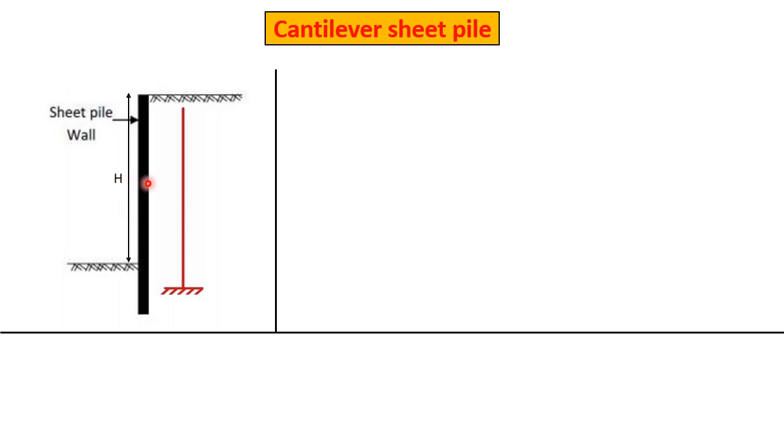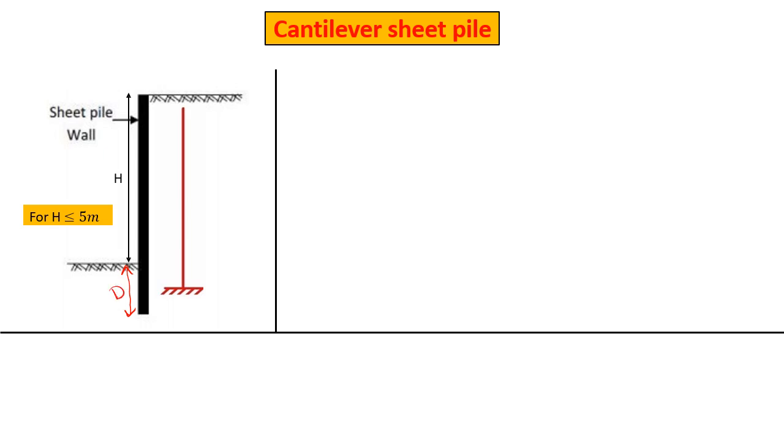So cantilever sheet pile, actually when we have our depth of excavation, typically when it's less than or equal to 5 meters, you can use this type of sheet piles, which is called cantilever retaining walls. And it's called cantilever because the statical system looks like a cantilever. It's fixed here in the ground, and you have a free length which should be equal to your h plus the excavation depth, or sorry, the penetration or the embedment depth below the dredge line.